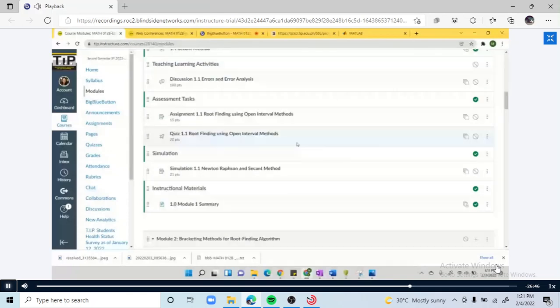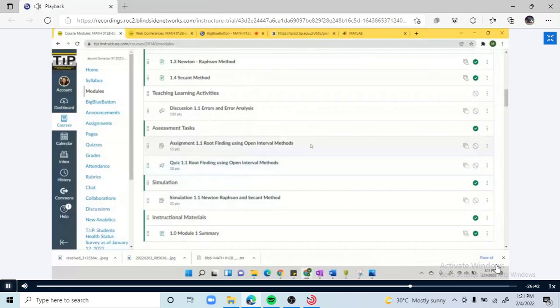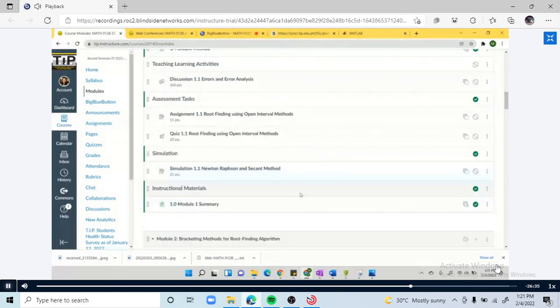Hindi pa pala naka-publish ito. Okay, sige, pa-publish ko na. Lalagyan ko na lang ng deadline mamaya. Okay, kindly open the simulation activity. Pinublish ko na siya.